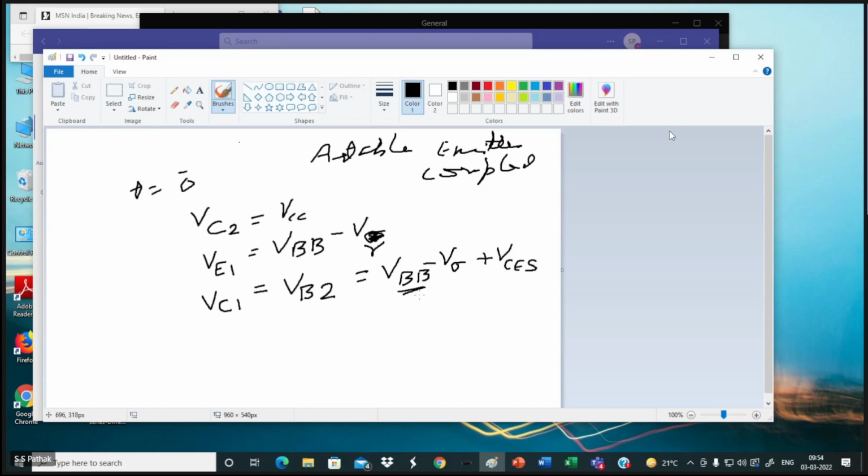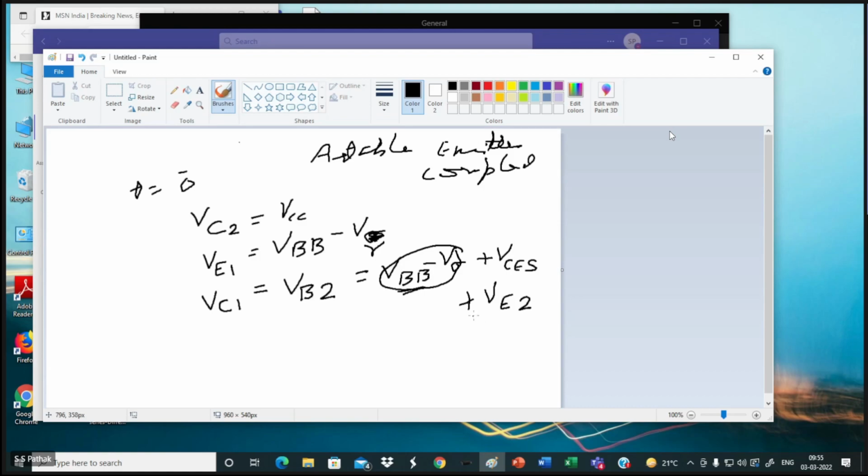My V sigma. There it will be your VCES plus VE2. VCES was VE2, and what is my VE2?